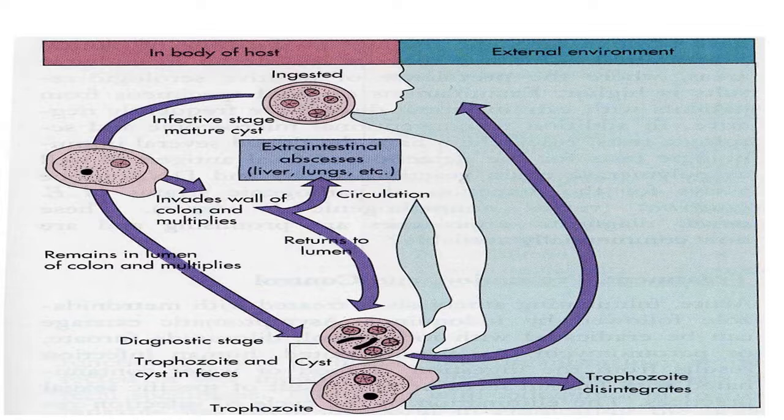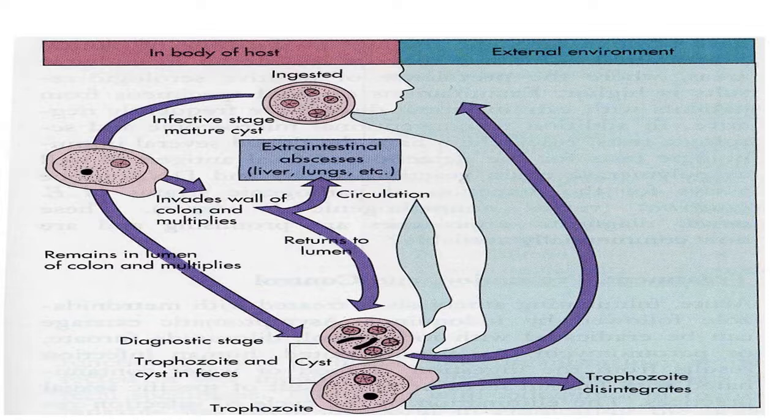Especially the trophozoite stages enter the liver, which is the main organ. We can see other organs also, like lung, skin, brain and other parts. If it is lodged in the liver cells, we call it extra-intestinal amoebiasis or amoebic liver abscess.